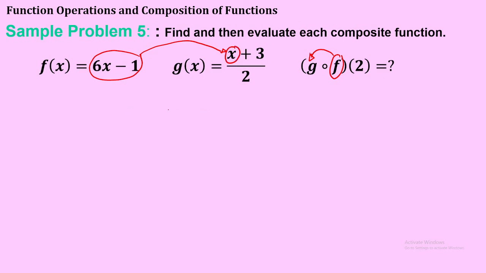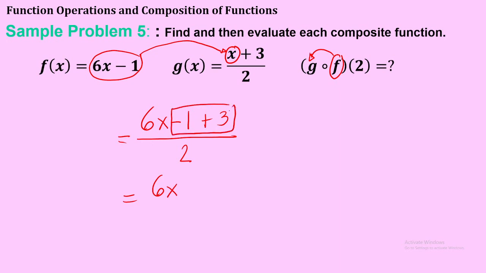So I'll be writing 6x minus 1, then copy the plus 3 over 2. Then there is something to combine here. What can be combined? Negative 1 and positive 3. How much is negative 1 and positive 3 when you combine these two? Positive 2, right? So 2, all over 2.